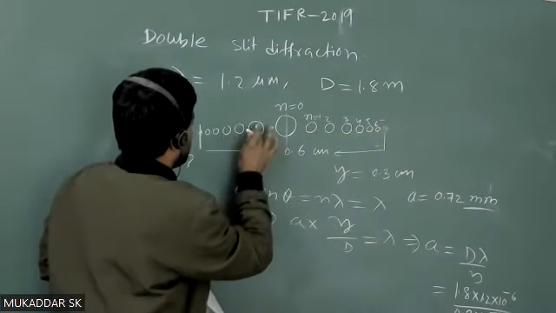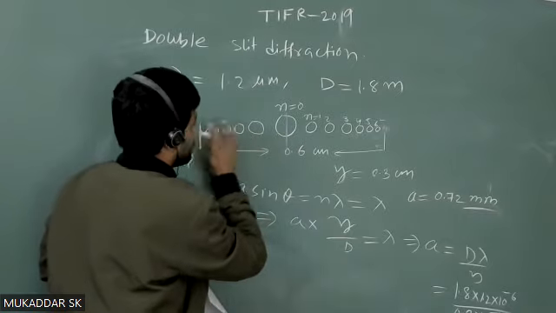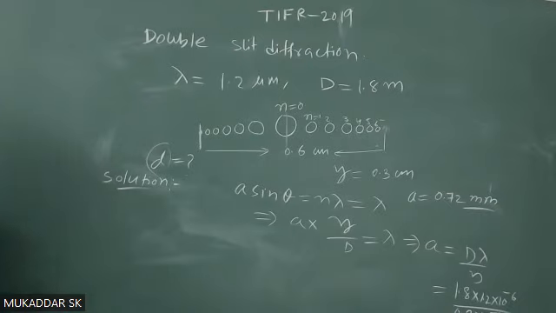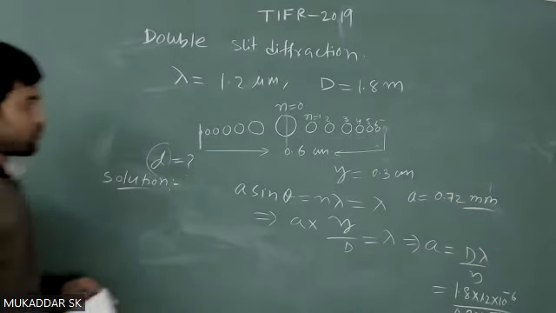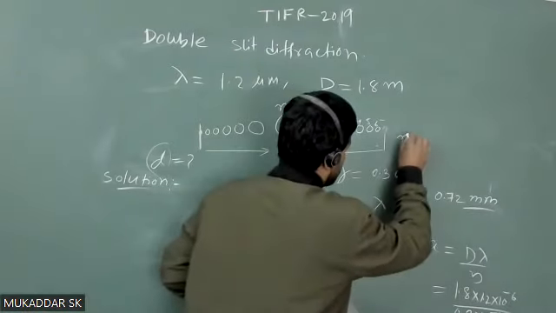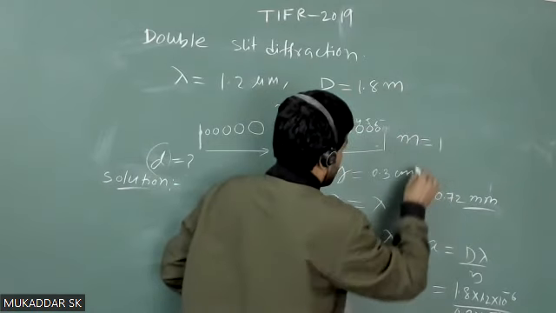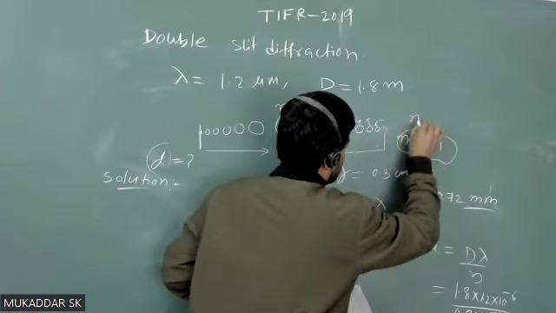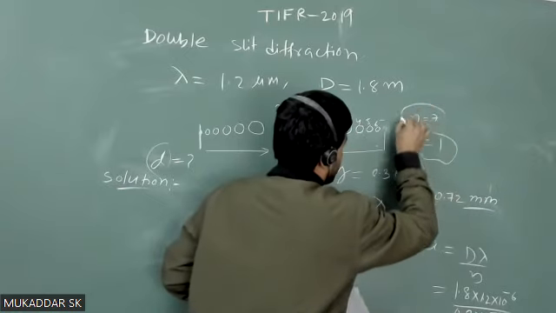If the seventh order is missing, that corresponds to m equals 1, because of this primary minima, the n equals 7 order maxima was missing.